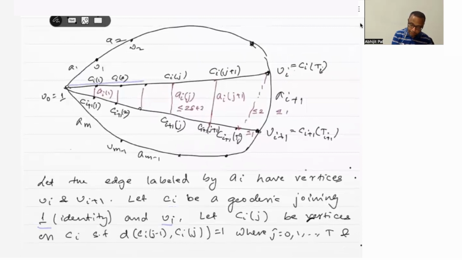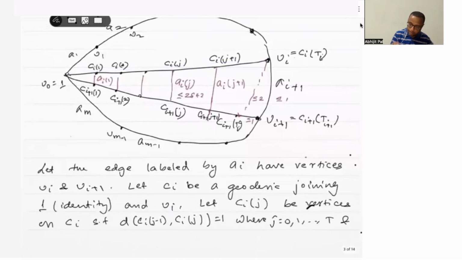So this is my geodesic Ci, which is joining 1 and Vi. You do this for all the i's, so we'll get these geodesics here.